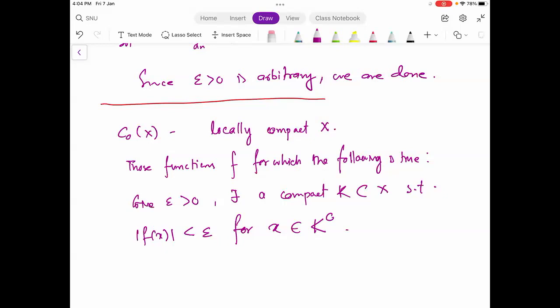So on a compact set K, you allow the function to be anything. You know very well that a continuous function cannot be too big on a compact set. The supremum will have to be finite. And outside a compact set, it's small. So given any epsilon, there is a compact set K such that outside K, it's small.